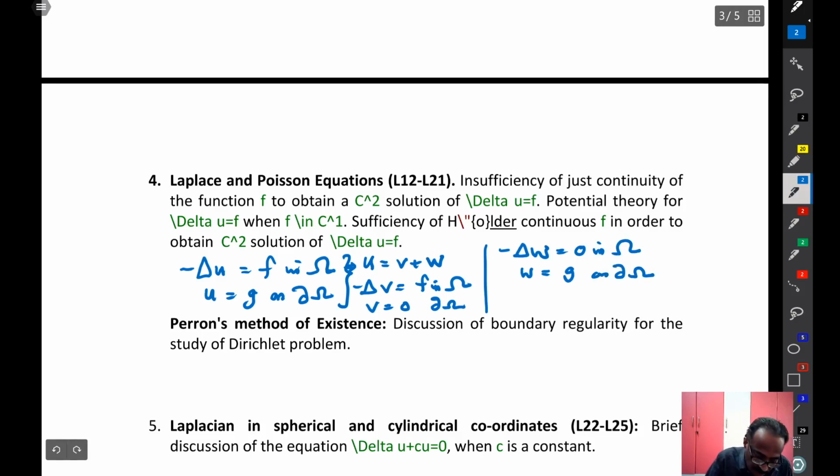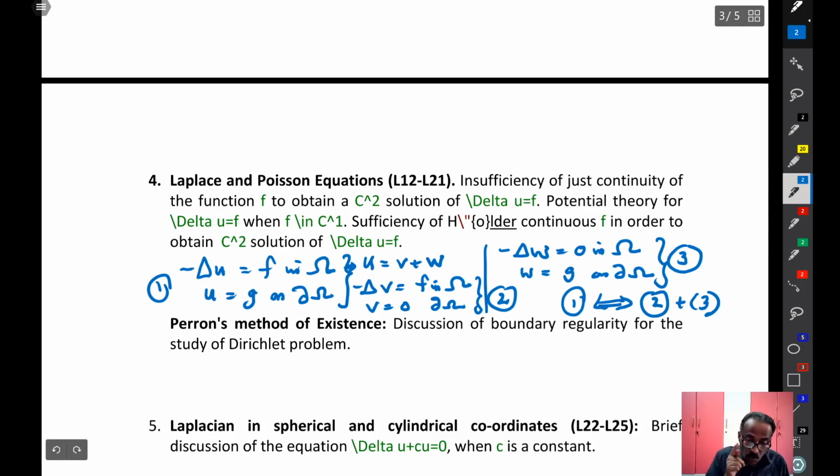So instead of studying equation 1, you can study equations 2 and 3. Studying 1 is equivalent to studying 2 and 3. What we have seen is the first equation and glimpses of equation 3, and that also in a very special domain.